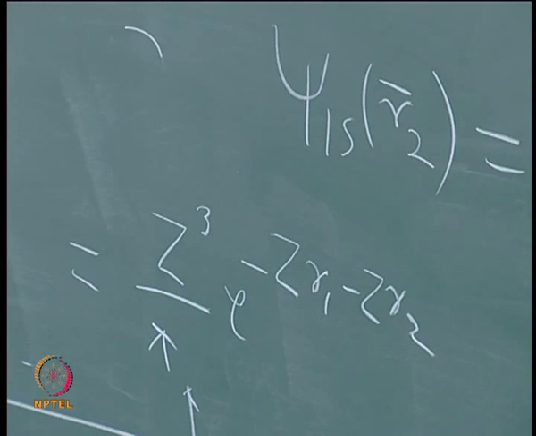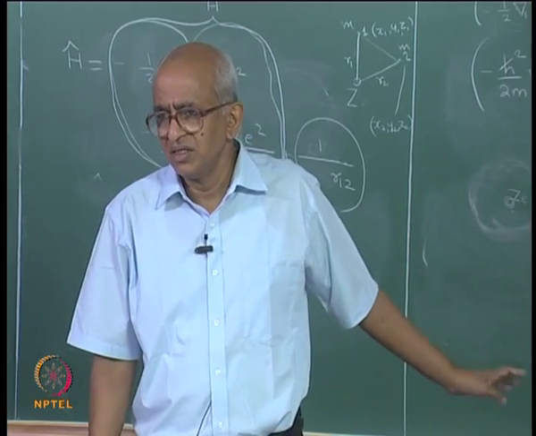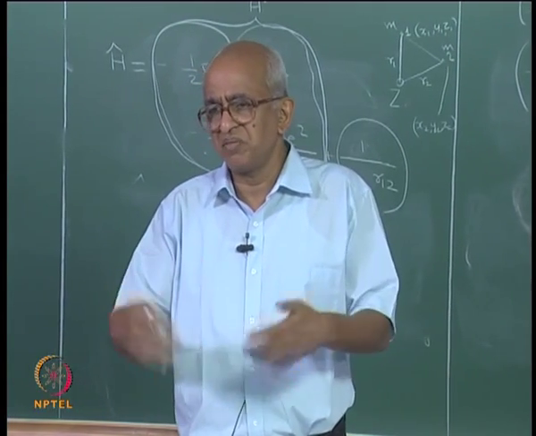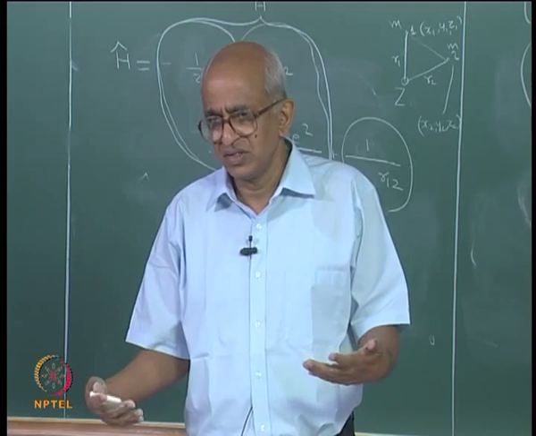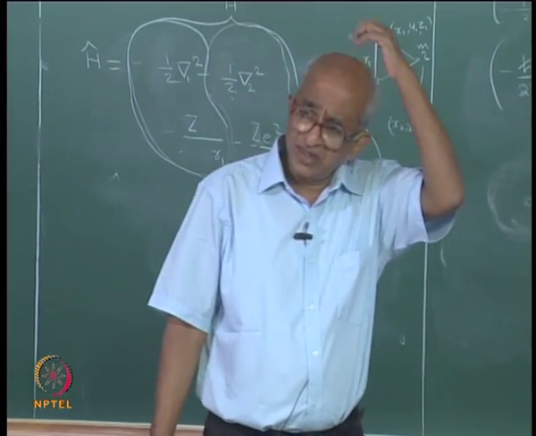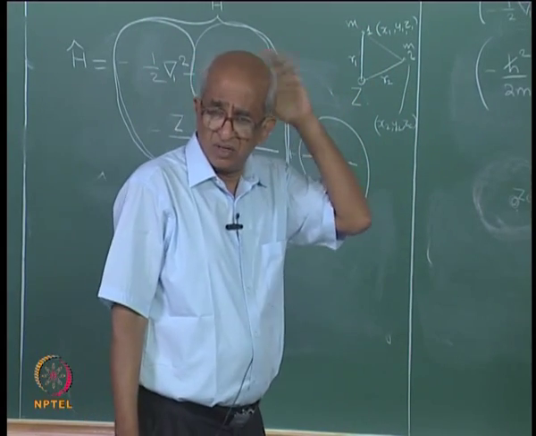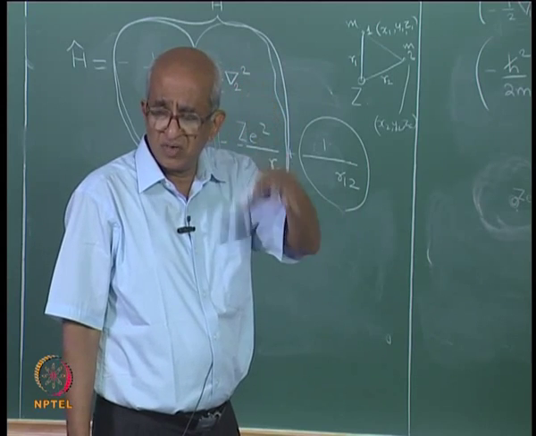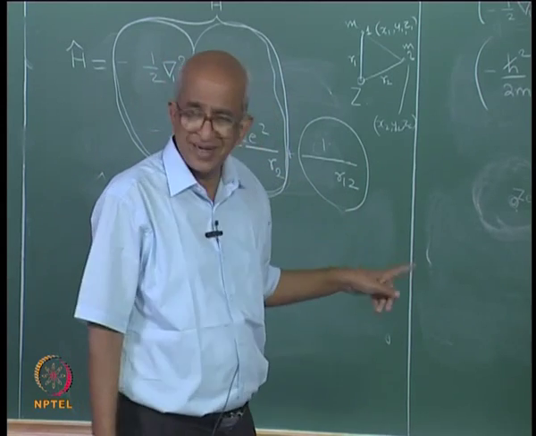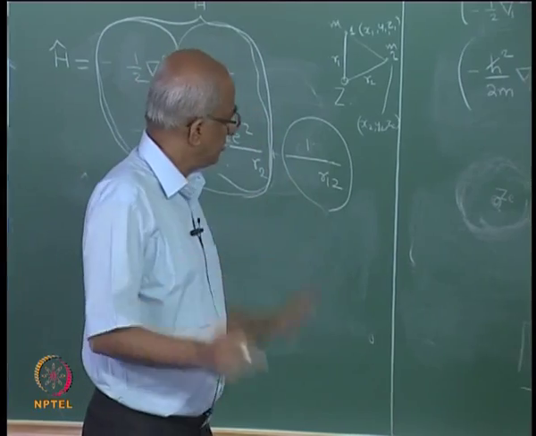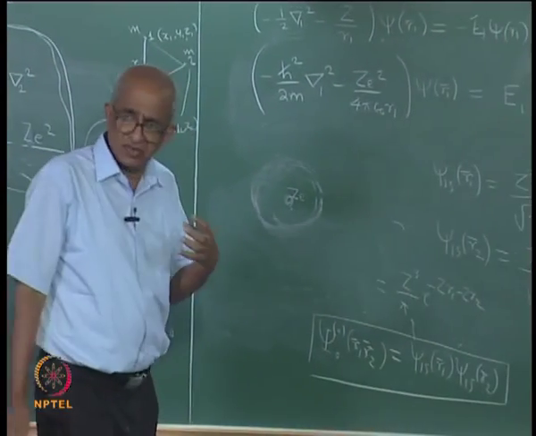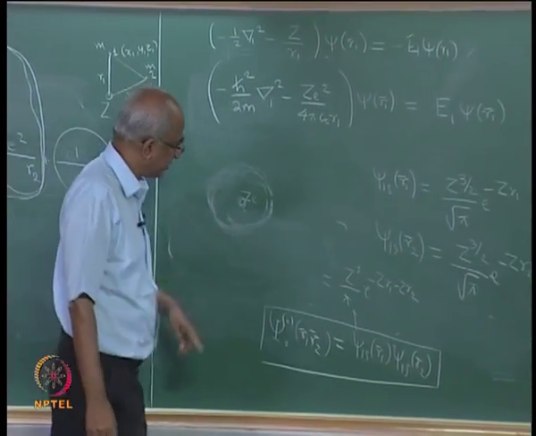And similarly for the other electron also, it cannot be Z, but some number which is different from Z. So, how will you account for that? Well, you are saying that effectively the nuclear charge is not Z, but less than that. So, if the nuclear charge was less than that, what would be this function?